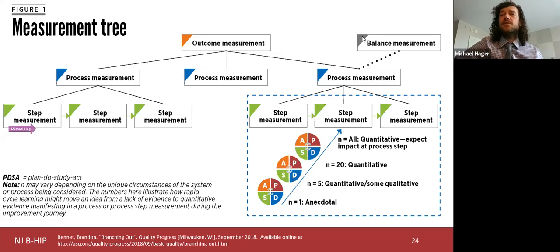As you can see here in the lower right corner, these individual step measures are what we're focusing on for our PDSA cycles. And so what Adam was discussing earlier on, in terms of thinking about what goes into each of these individual parts of the process, that's what we want to focus on. So we're going to look at this in a moment and bring this home for a BHIP conversation.